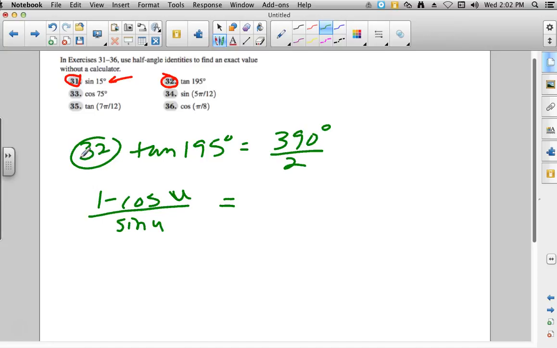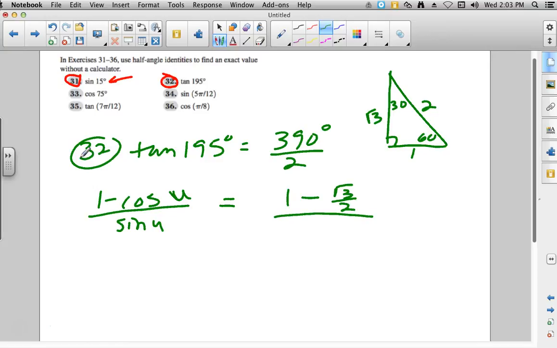So in first quadrant, everything is positive, and this will be 1 minus, well, now I have to figure out what the cosine of that 30-degree reference angle is. Again, you could make a quick little sketch if you've forgotten. So if we want the cosine of 30 degrees, then all we have to do is make the sketch or remember the unit circle, and that'll be the square root of 3 over 2.